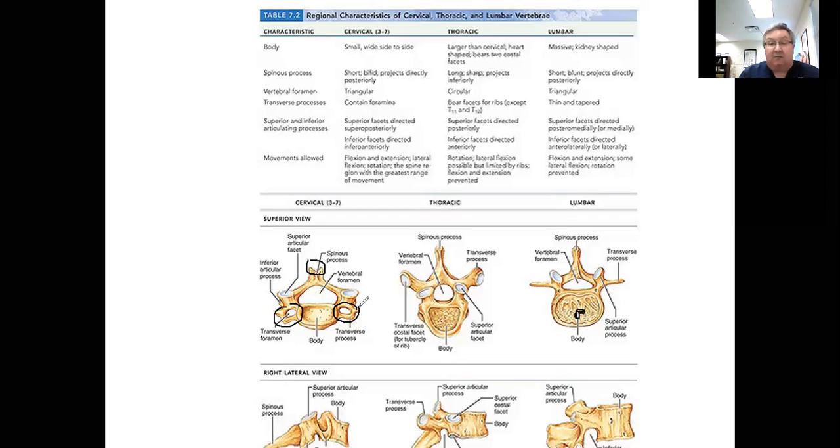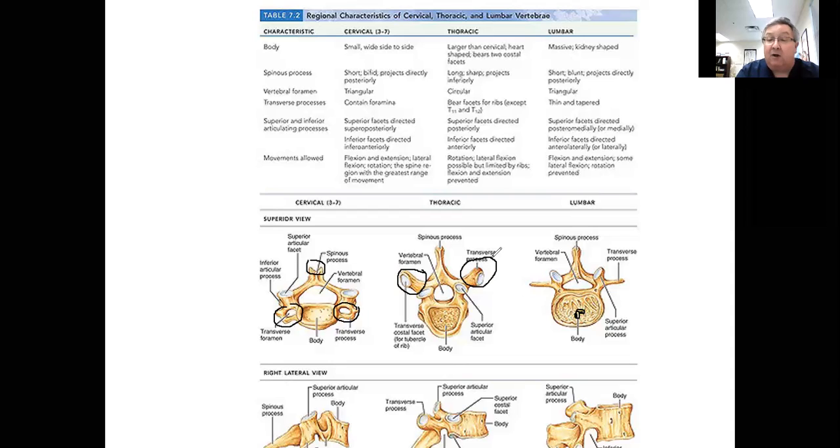The thoracic and lumbar transverse processes do not have that. The thoracic transverse processes have facets and areas for the ribs. It's the thoracic vertebra that have rib connections. The cervical and lumbar vertebra do not have those connections.